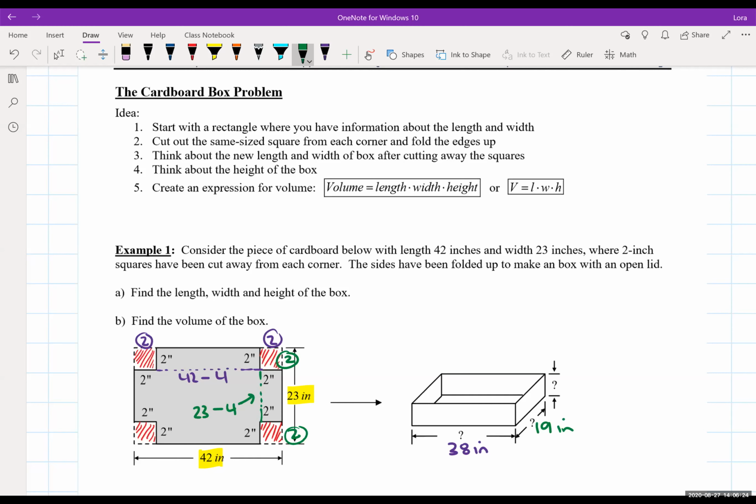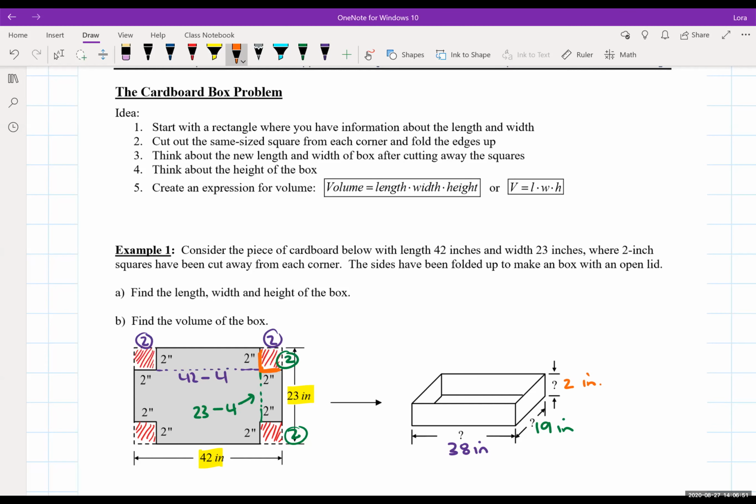Maybe you can do this at home and bring out the scissors and do the folding up. It's really very powerful, sometimes just seeing it live in action. The 2 edges that get folded up end up meeting, and that's 2 inches high. So you actually have your height as well.